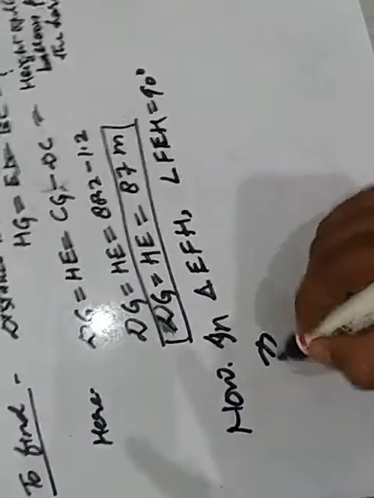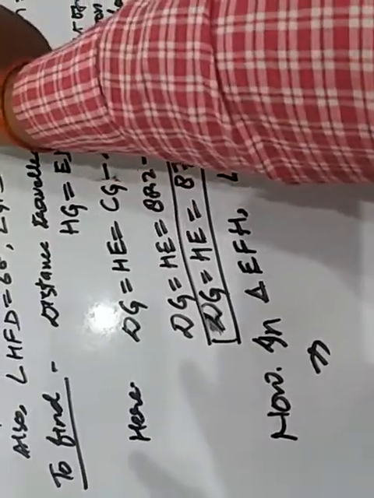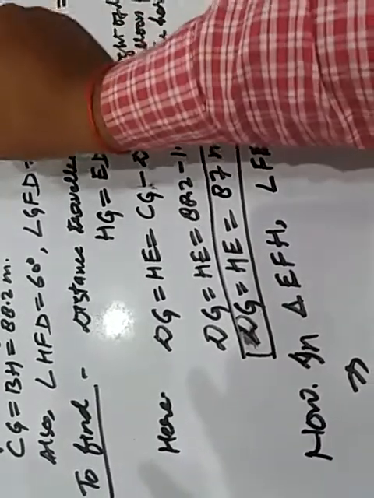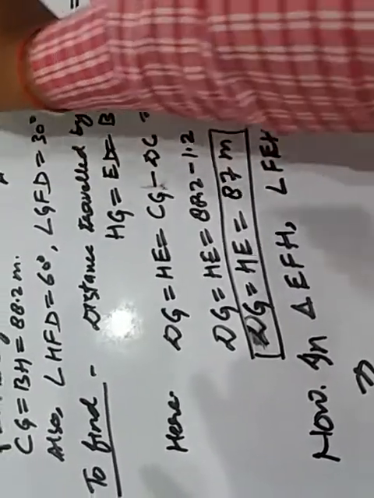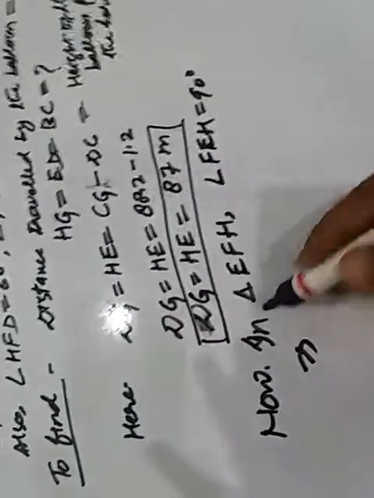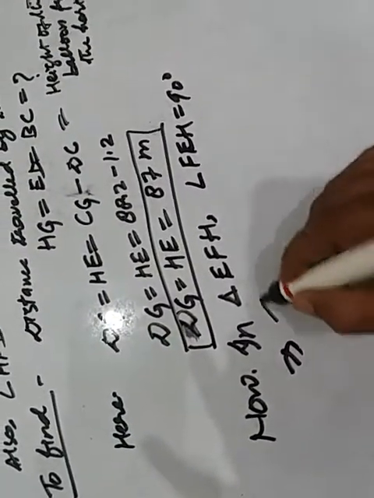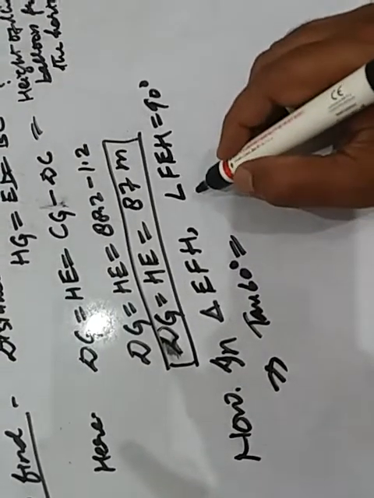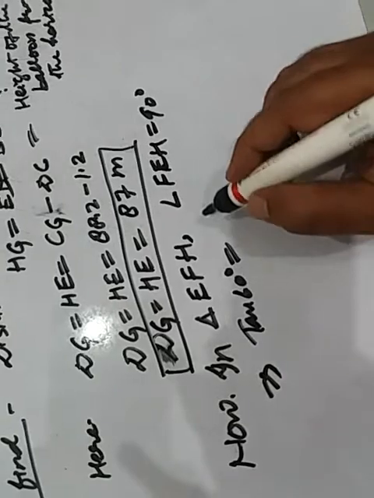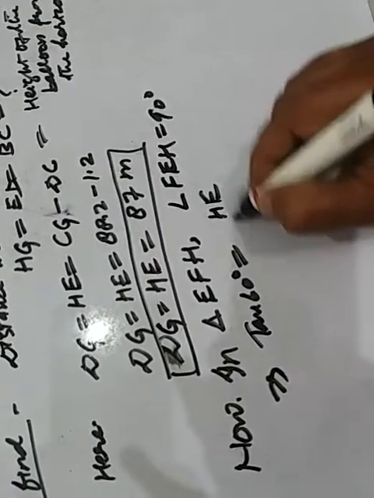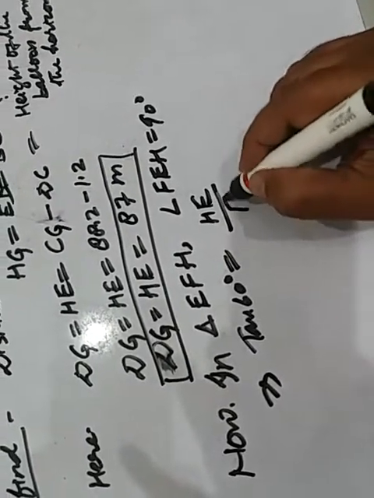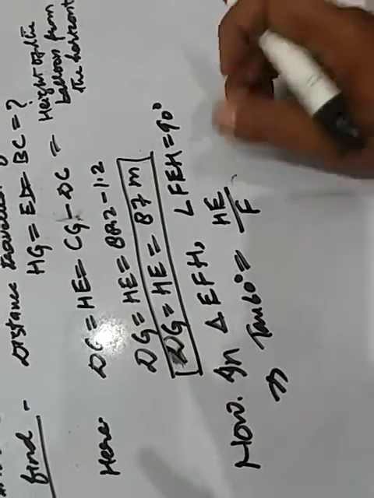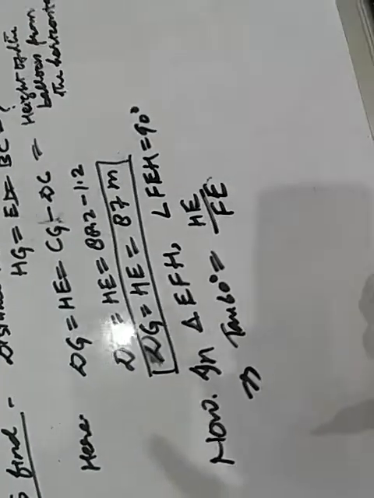Okay. This implies that tan 60 degree, in triangle HEF, equal to what? That is perpendicular upon base, that is HE upon FE. Right children.